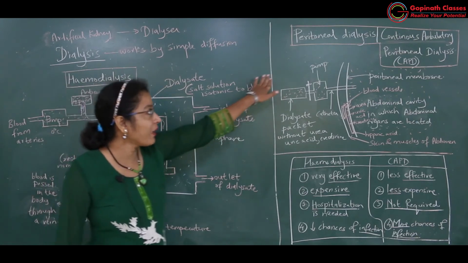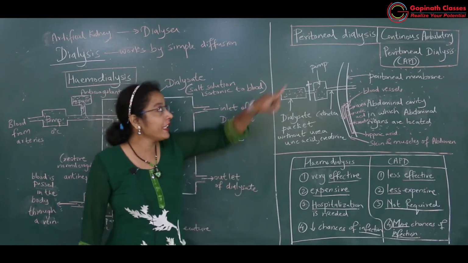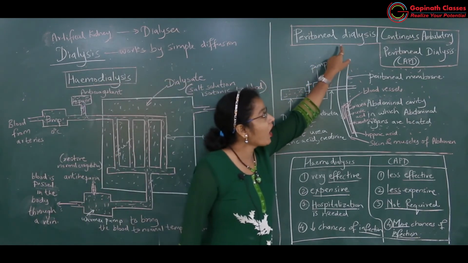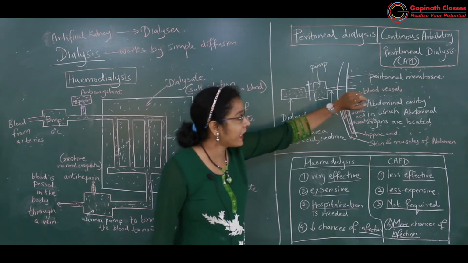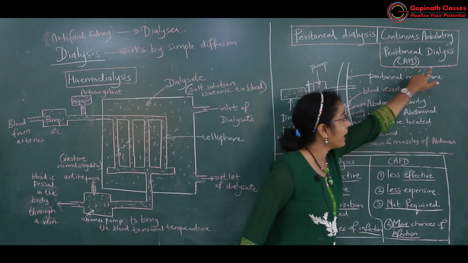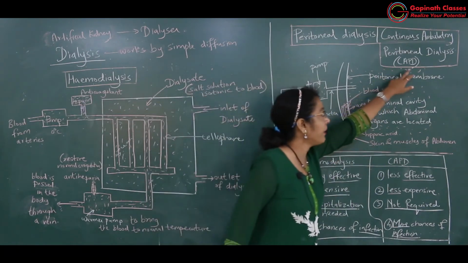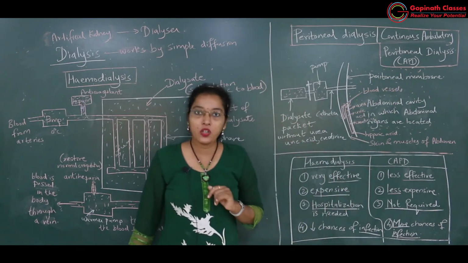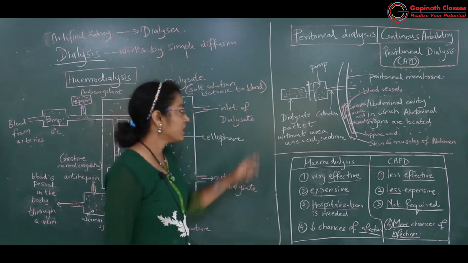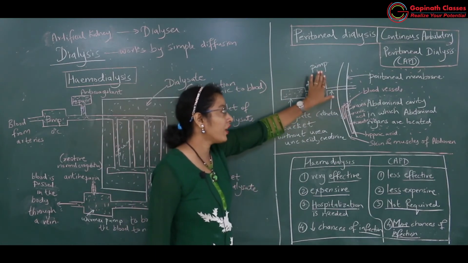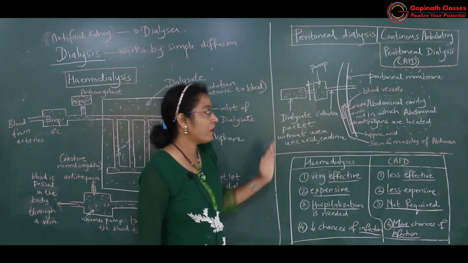Now the second type of dialysis is peritoneal dialysis or continuous ambulatory peritoneal dialysis, which is abbreviated as CAPD. Okay, got it? So look at this diagram. I have drawn a few parts of the body.